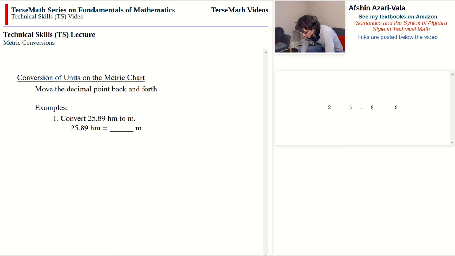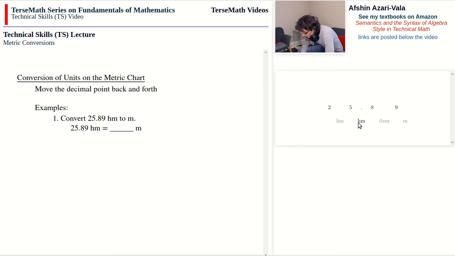There is a better approach. What we do is we write the number that's given, 25.89, and then we associate the unit that it has, which is hectometers right now, to the decimal point. So where the decimal point is in your imagination, see hectometer. And then try to imagine the metric chart around it.